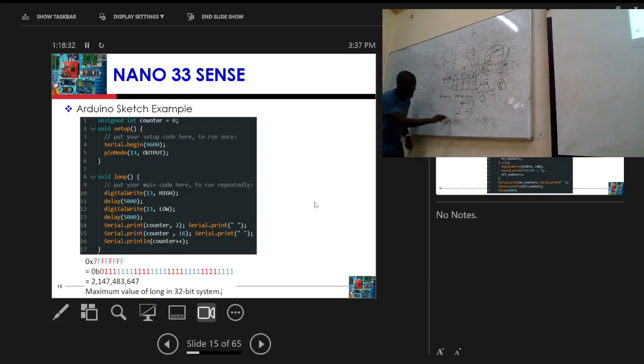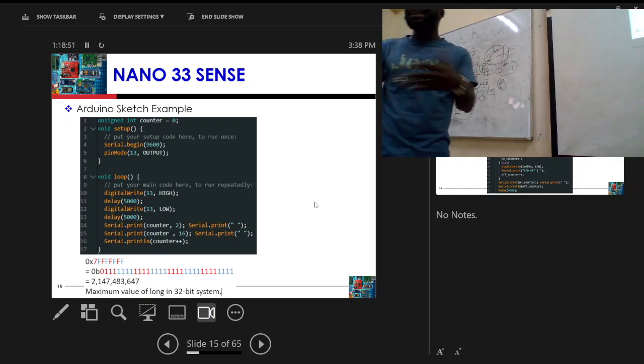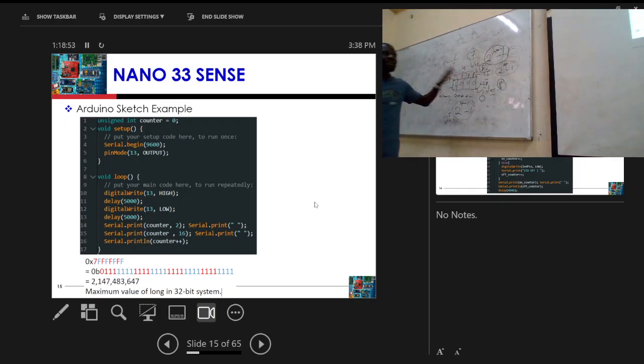So 2 to the power 3 minus 1 is what? 2 to the power 3 is 8, minus 1 is 7. Alright, so we get it. It's as simple as that. So those are just numbers. And I took time to explain this. It's not in the slide, but in the exam it will come. So you guys might know that.